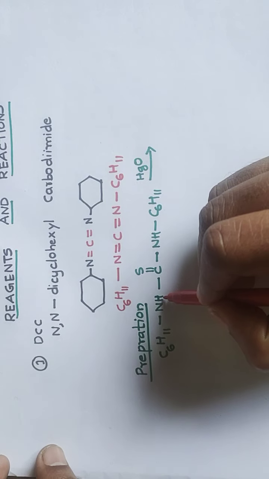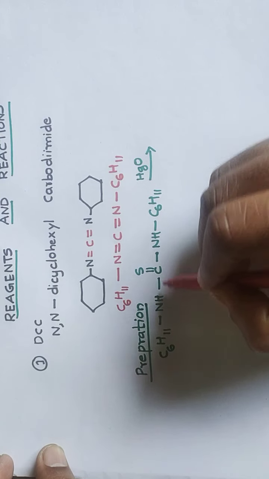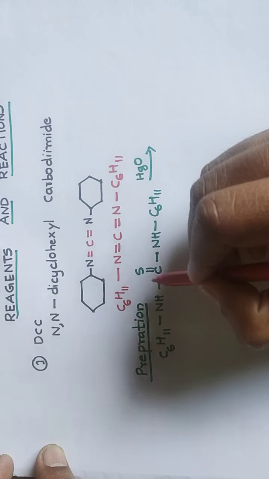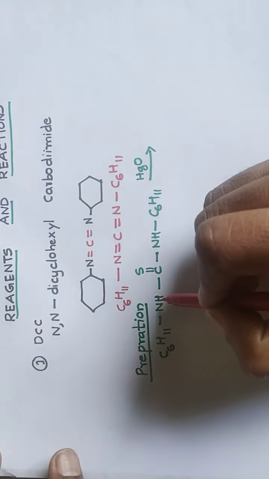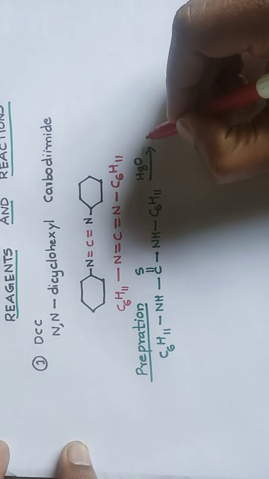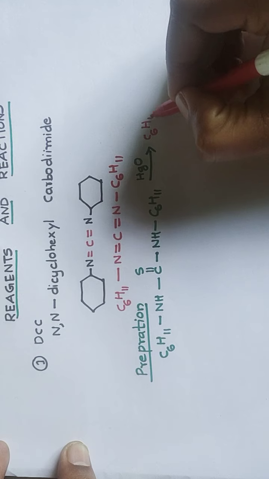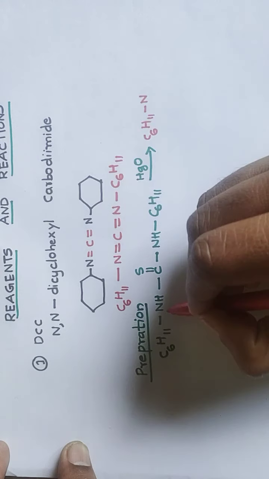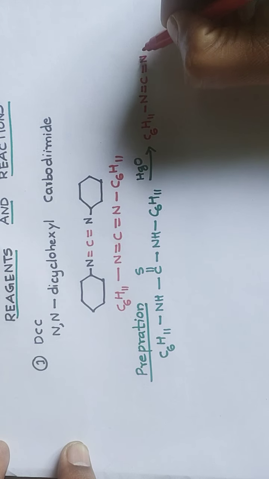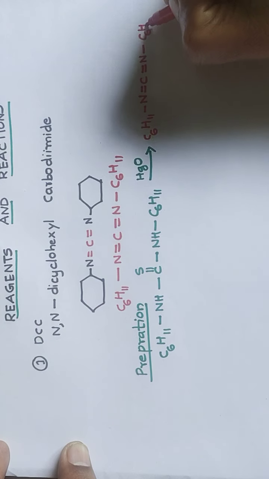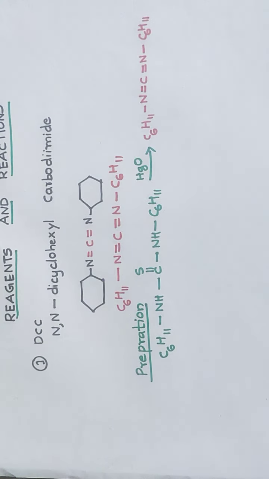The removal of hydrogen and sulfur takes place here. Removal of hydrogen is called oxidation. So this results in the formation of DCC, that is C6H11 N double bond C double bond N C6H11. This is the product that you are going to obtain.